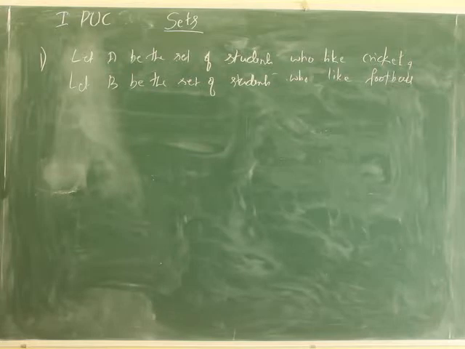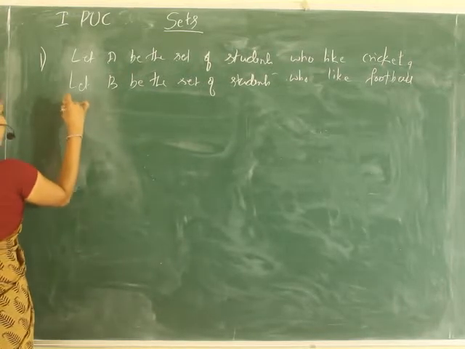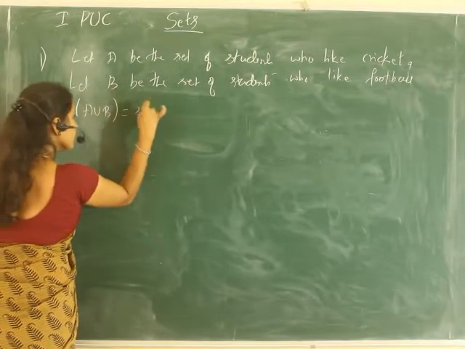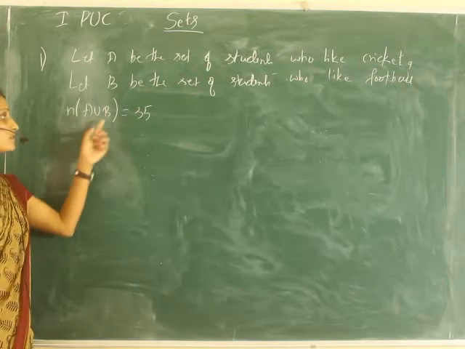Therefore, n of A union B is 35. Why is it 35? Some like cricket, some like football, and some like both. Therefore, this 35 becomes the union.